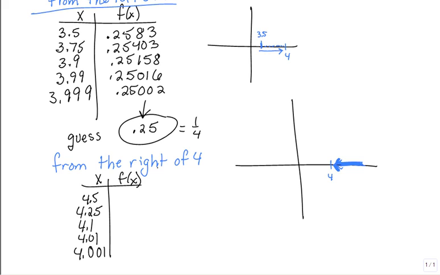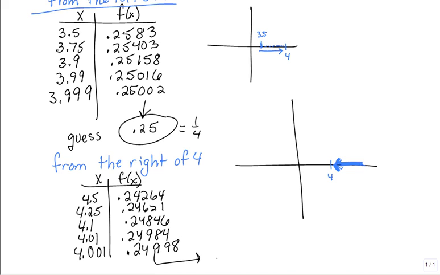Okay, so here I'm going to get 0.24264, and then 0.24621, and then I get 0.24846, 0.24984, and finally 0.24998. And again, you can see that that's going to 0.25. So again, we're guessing that to be 1/4.